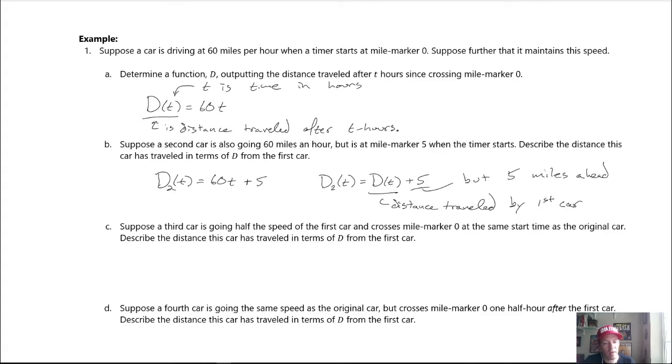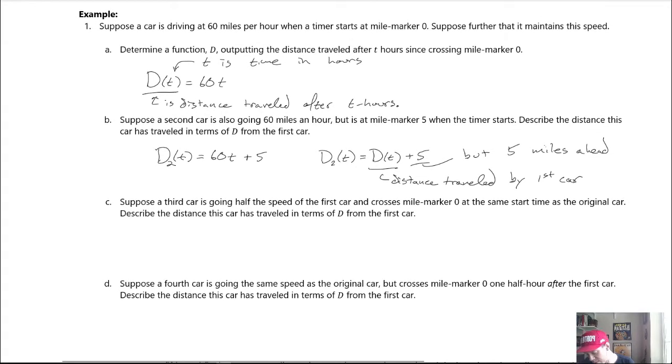So we do that plus 5 for that. Okay, so that's one example of a function operation. We're adding 5 to the original function to say that the second car has the same kind of distance as the first car, but just 5 miles ahead. That's a pretty simple scenario where we could be doing this.